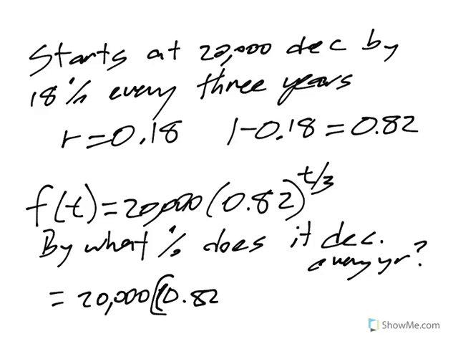So 0.82 to the 1/3, all of that to the t. And we can do this because power to a power, 0.82 to the 1/3 to the t, I would multiply exponents, and 1/3 times t over 1 is the same as this t over 3 that I had originally.